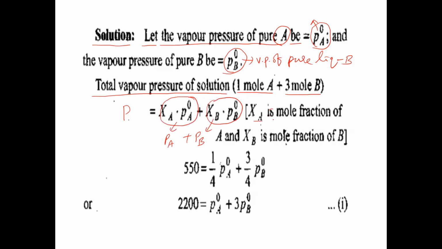XA is what now here? The mole fraction of A. And XB is the mole fraction of B. Now, how to write the mole fraction of A?